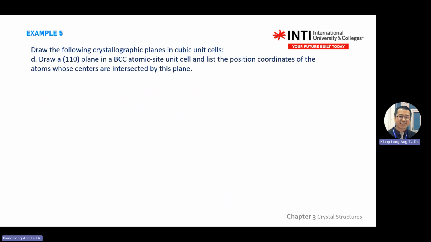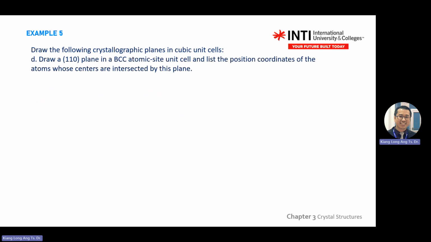Okay. D, draw 110 plane in BCC atomic structure shell. List position of coordinate of the atoms whose centers intersect with this plane. So this one combines what you learned in crystal structure and this Miller plane structure. So what you do, you draw the unit cell first.